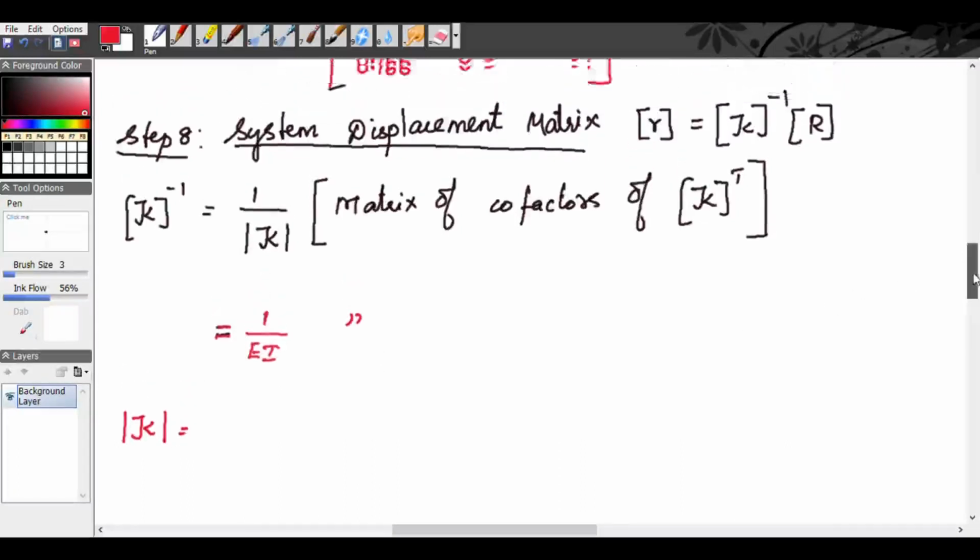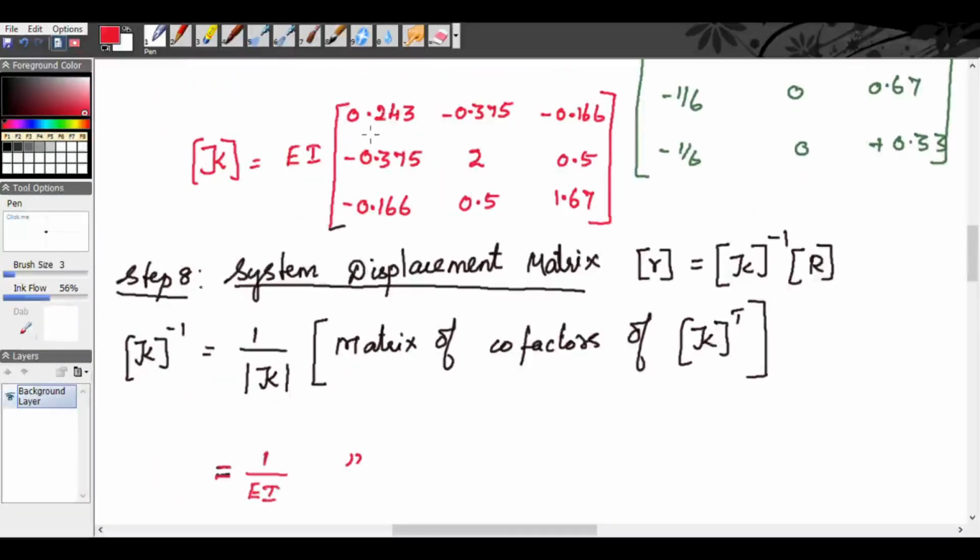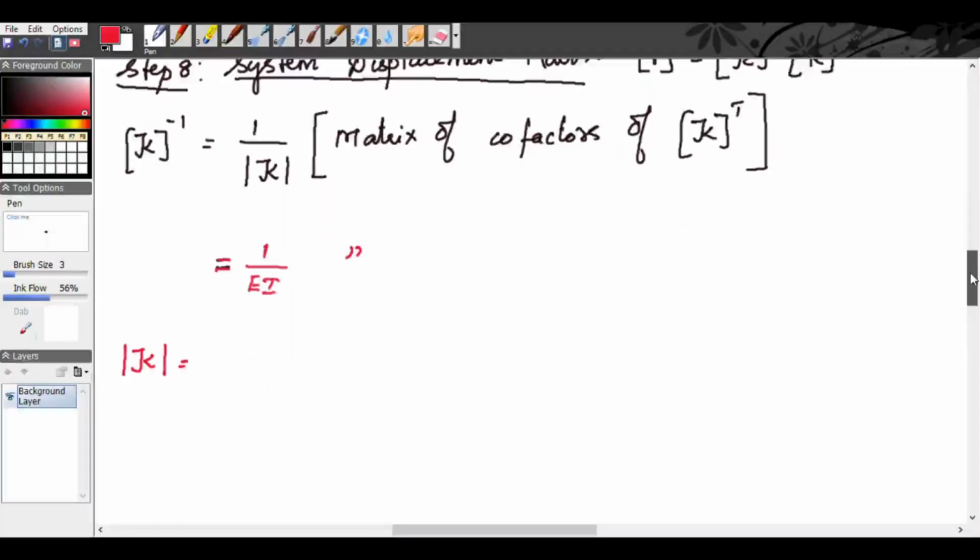So, determinant of K matrix is this value multiplied by determinant of this, minus this value into determinant of the cofactors, that is this and this, right? Plus this value into determinant of this. So plus, minus, plus.